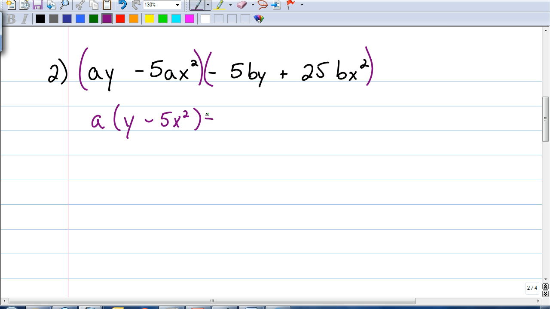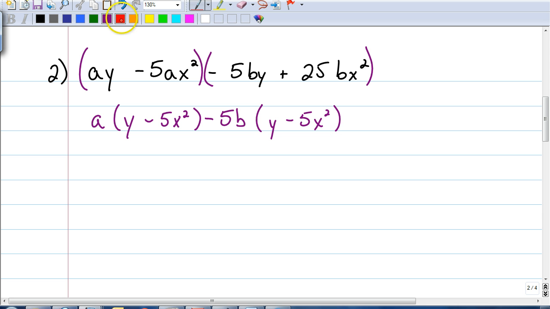Because now when I look at between the 5 and the 25, they have a 5 in common. Between the variables, they have a b in common. So I want to factor out a negative 5b. So now when I take negative 5 divided by negative 5, that's a positive 1. Factored the b out, so I'm left with just 1y, or just y. 25 divided by negative 5 is a negative 5. And then the b, we factored that out, and we're left with the x squared.